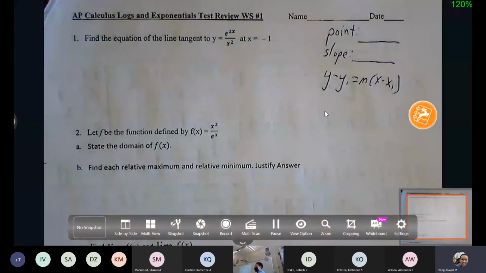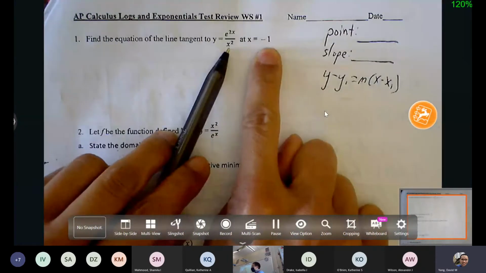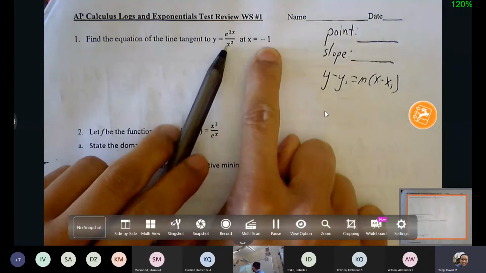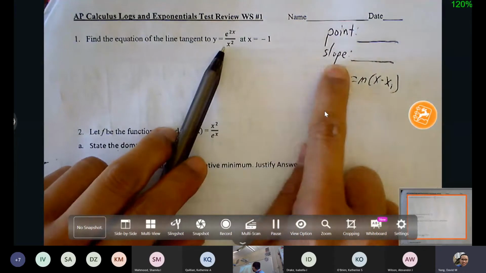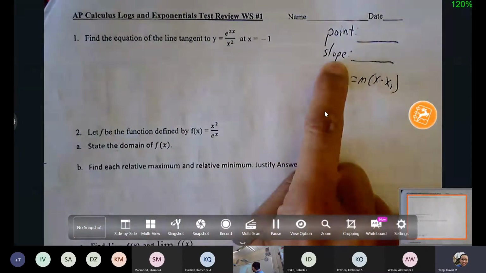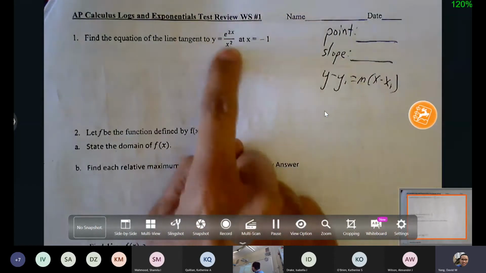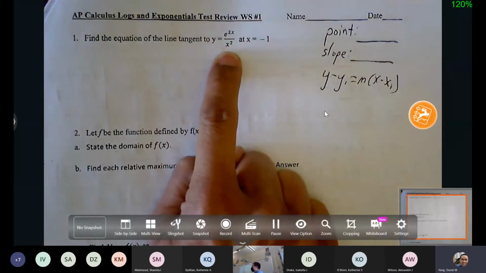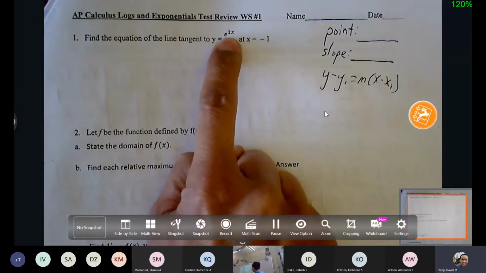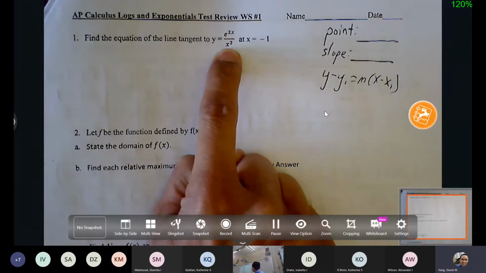So how do I find the ordered pair? Just plug it into the original. Yeah, into the original, right? No derivatives involved. We're just taking the x, plugging in, find the y. To find the slope, we'll have to first find the what? Derivative. Okay, so look at how this is set up. What's involved to find a derivative? Quotient rule. Yeah, quotient rule. And I have rules up there on the board: we have a rule for e to the u, we have a rule for x squared.